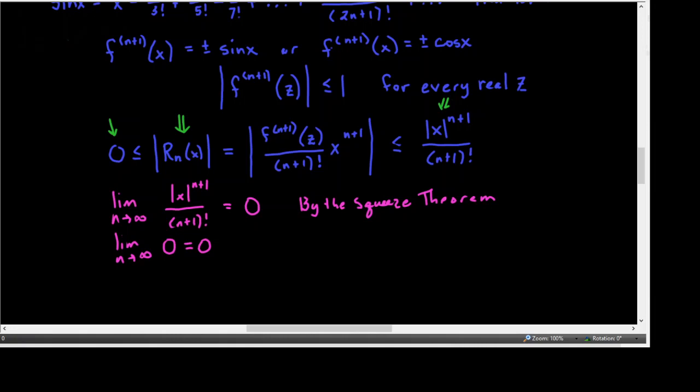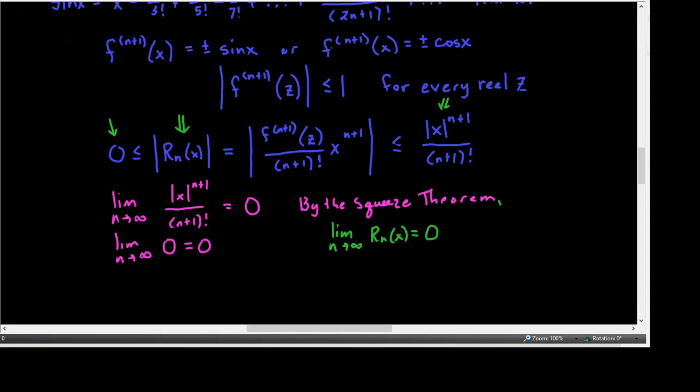So by the squeeze theorem, that implies that the limit as n approaches infinity of r sub n of x is 0.